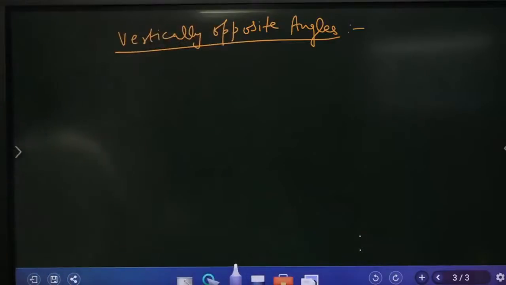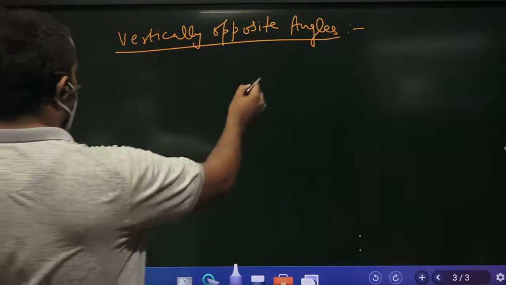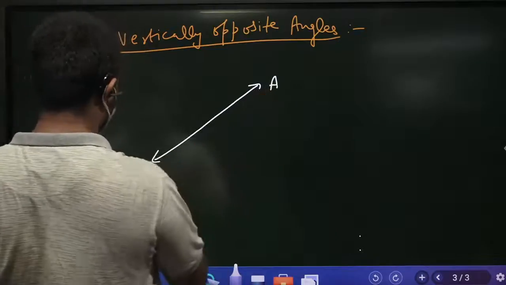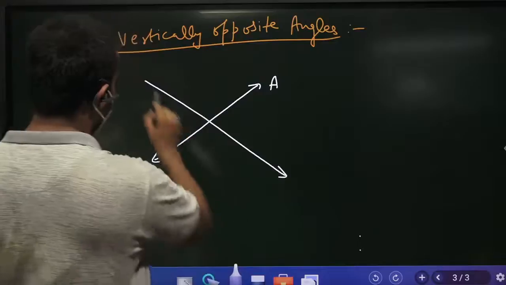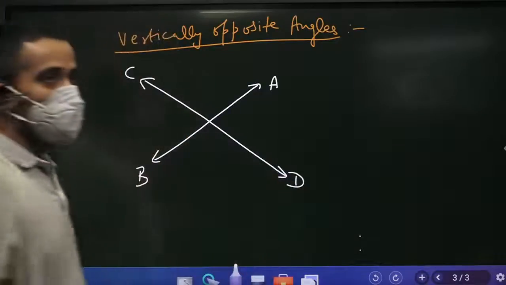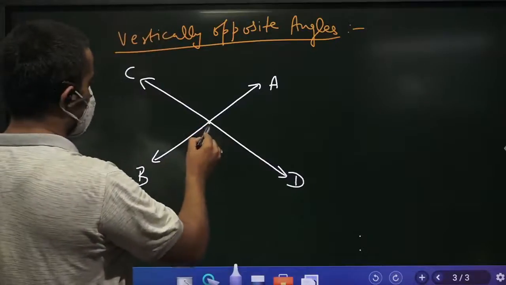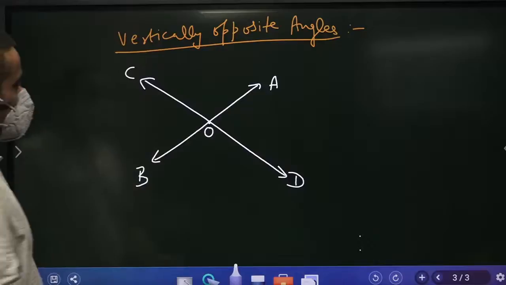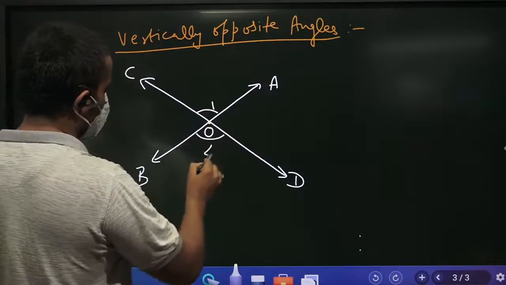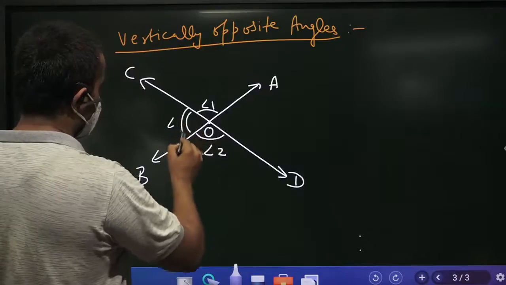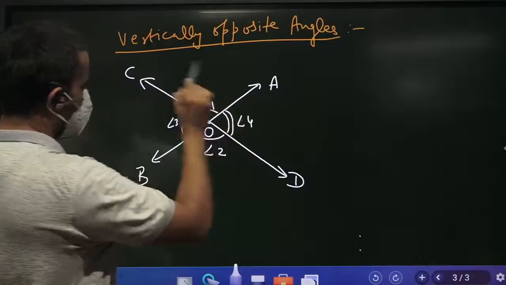Okay, so vertically opposite angles we are going to define now. Say you are having two lines, AB and CD, and they intersect at a common point O. Vertically opposite angles means angle 1 will be equal to angle 2, and angle 3 will be equal to angle 4.